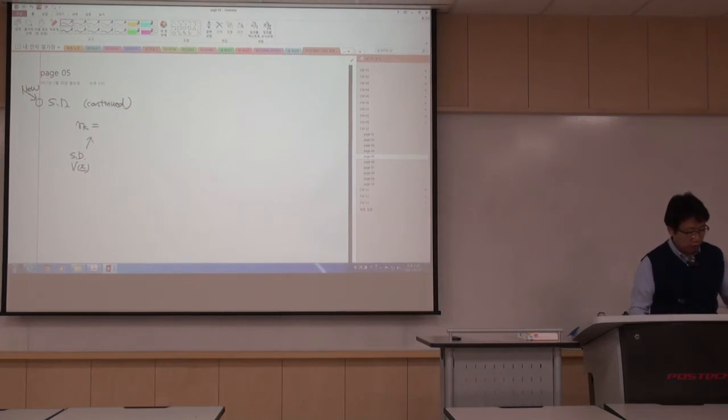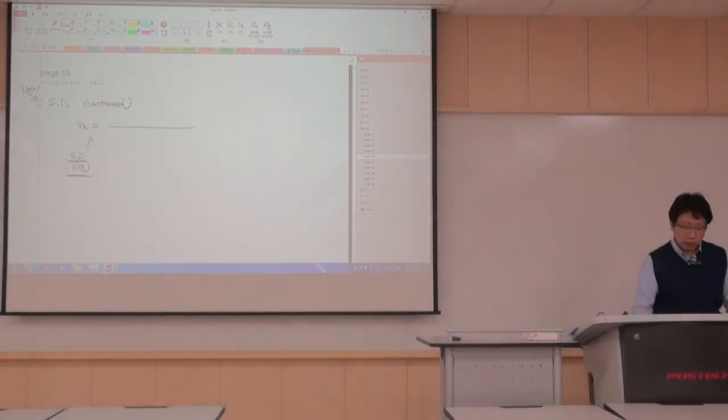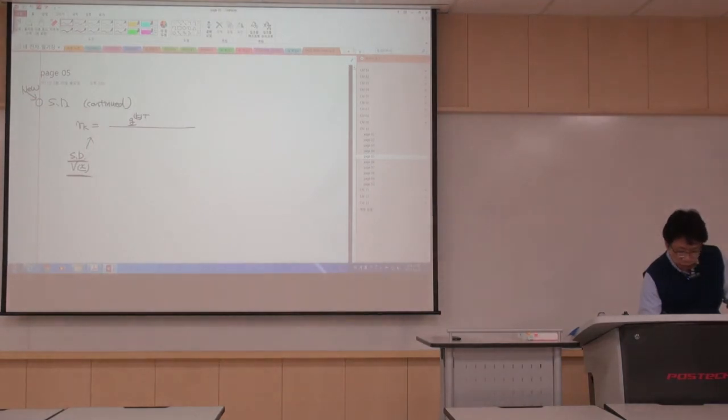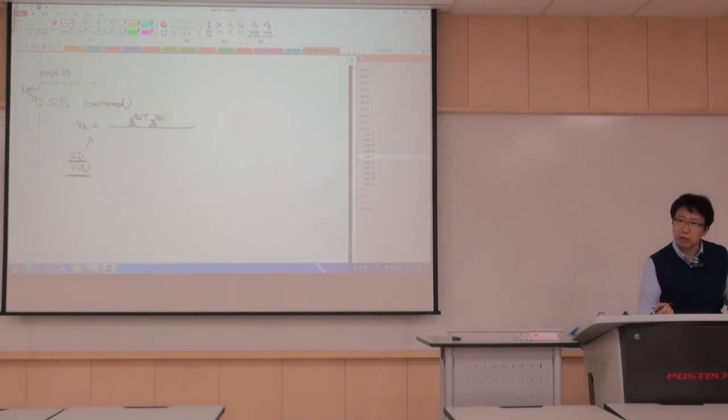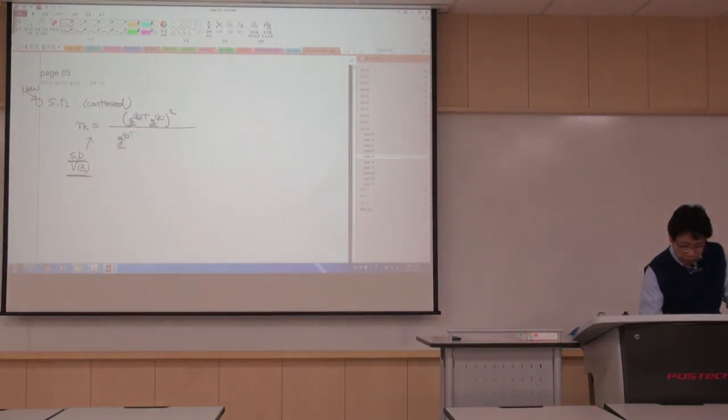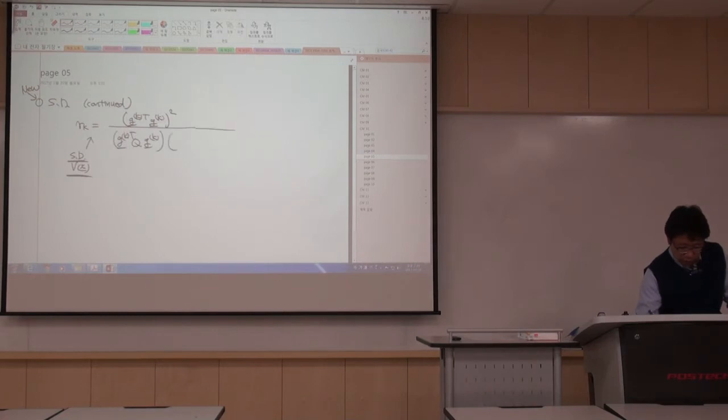If you substitute, you can easily see that this gamma sub k for steepest descent and for this quadratic objective is g sub k transpose g sub k, which is a scalar because it's an inner product of the same vector, squared, divided by g sub k transpose q g sub k times g sub k transpose q inverse g sub k.